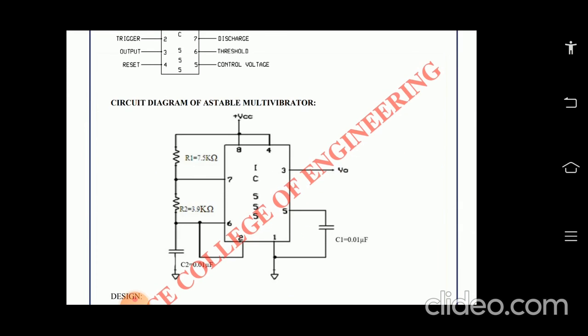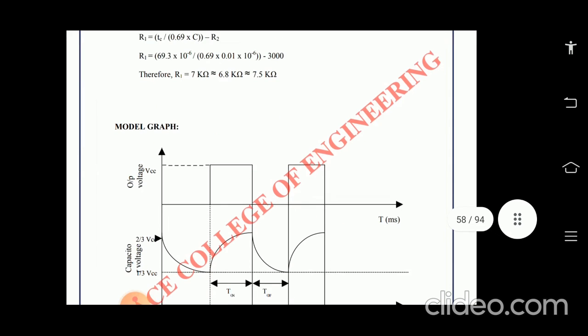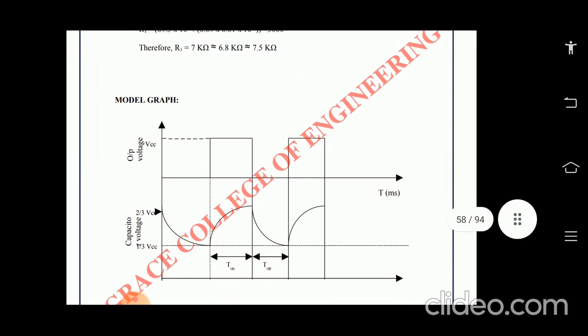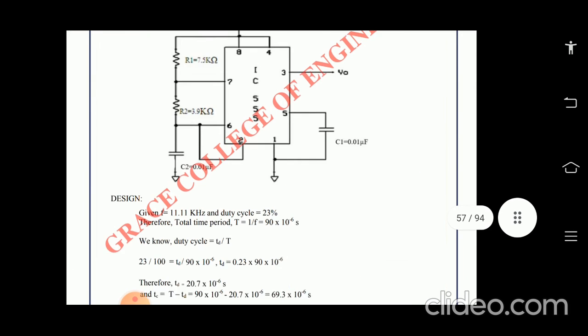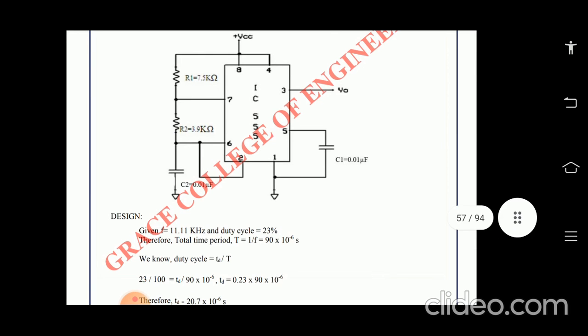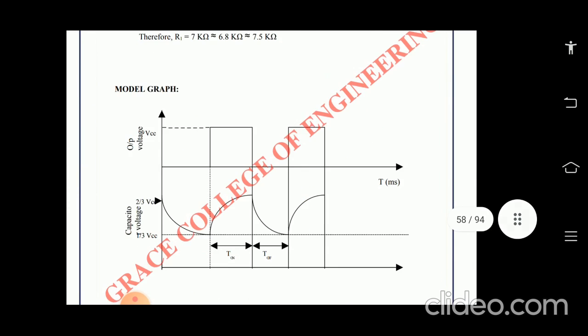When we construct this circuit diagram, we get the output voltage like this, and we need to get the output of the capacitor voltage like this, as in the model graph.